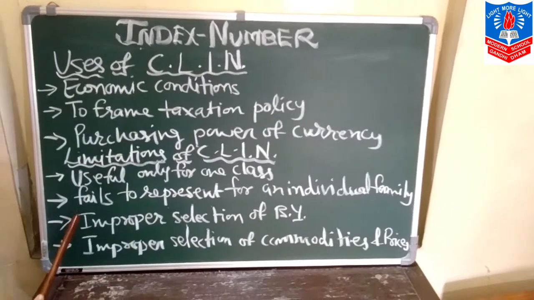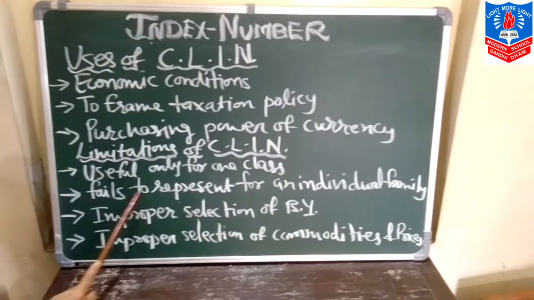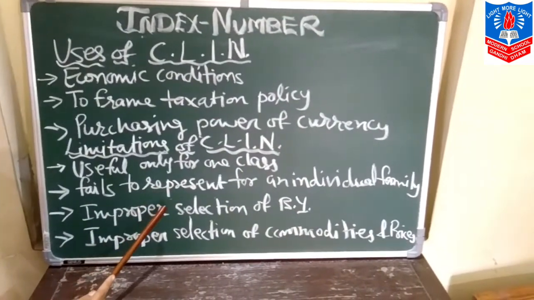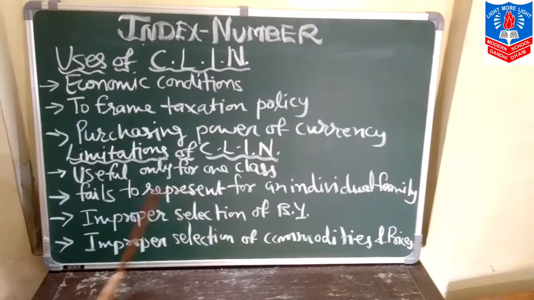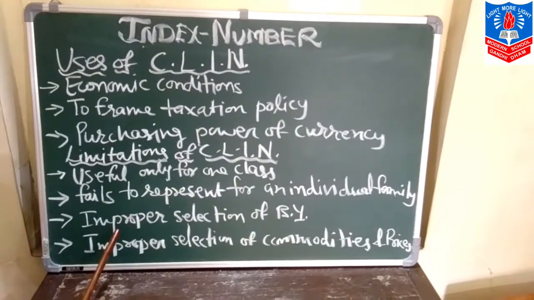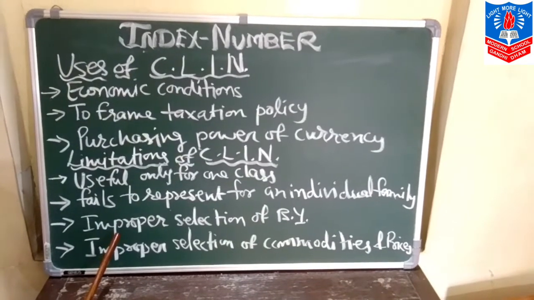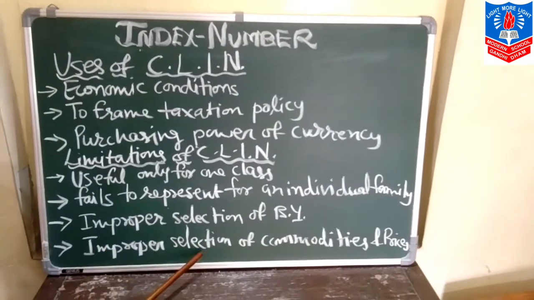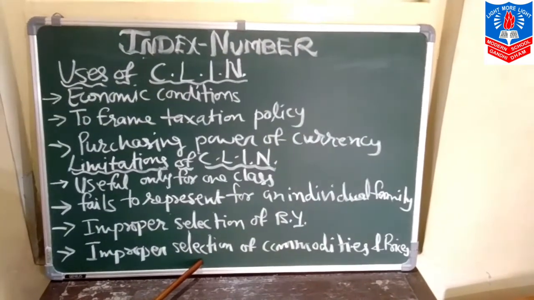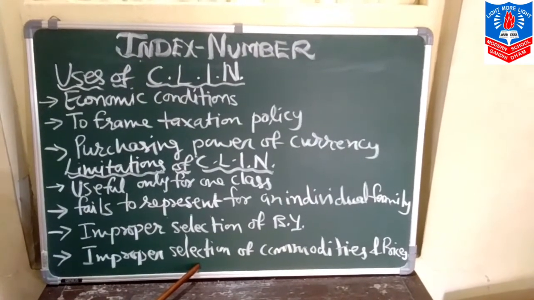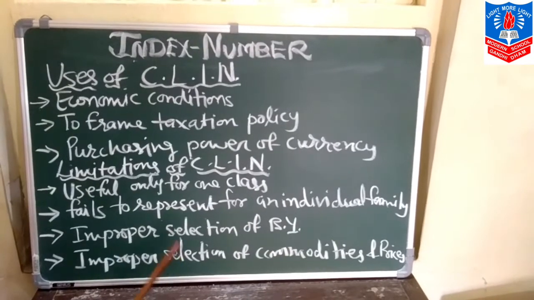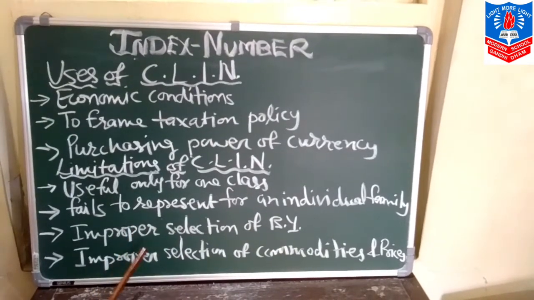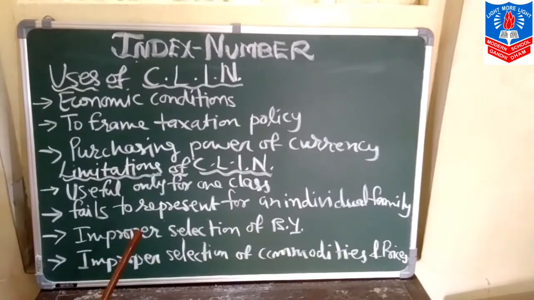Next point, the error in the selection of base year also affects the cost of living index number. Next, the error in the selection of commodities makes the index number ineffective. If commodities are not properly selected, then the index number fails to reveal the facts.